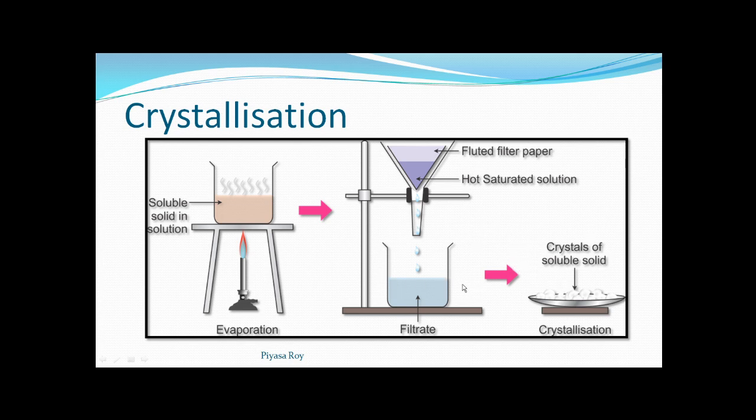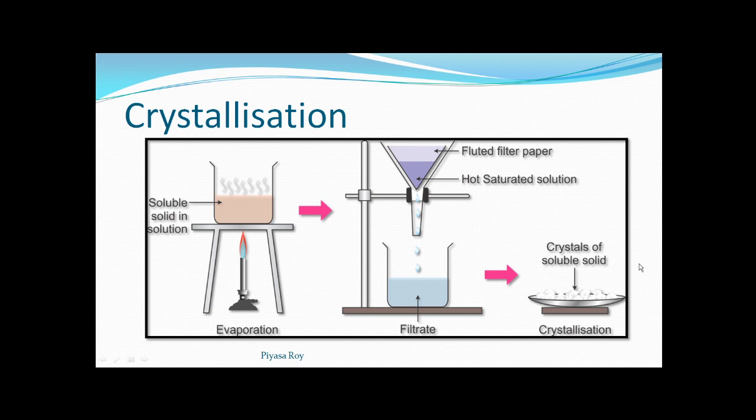So slowly, when the filtrate cools down, the particles will come out from the filtrate as crystals. Crystals, you know, are solid particles having regular shape and size and having sharp edges.